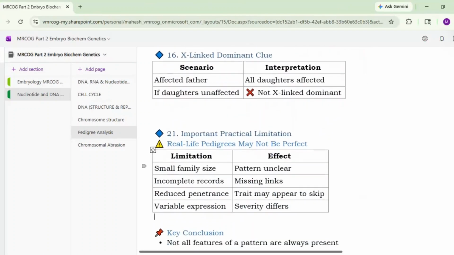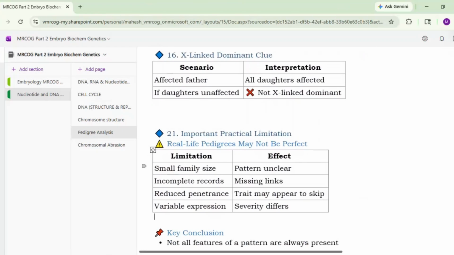There are certain limitations, practically speaking, when you solve this. When you have a very small family size, the pattern is not very clear. When you have a large family size and put each and every member there, you will get a better idea. Then incomplete records: if there are missing links, that is also a limitation.